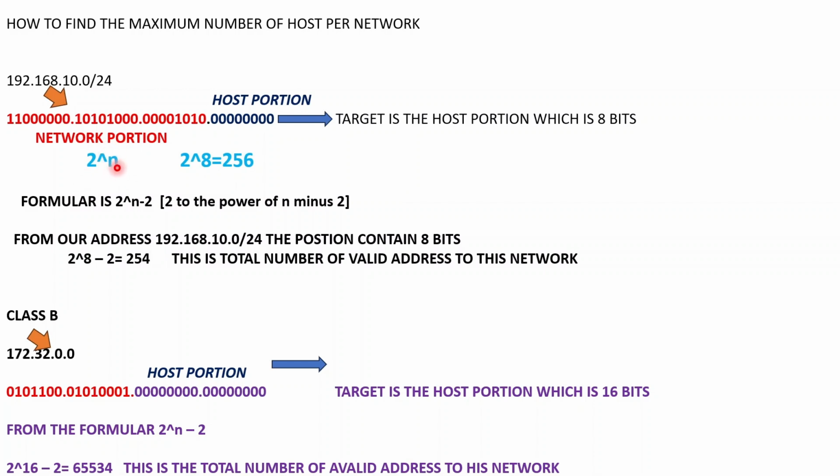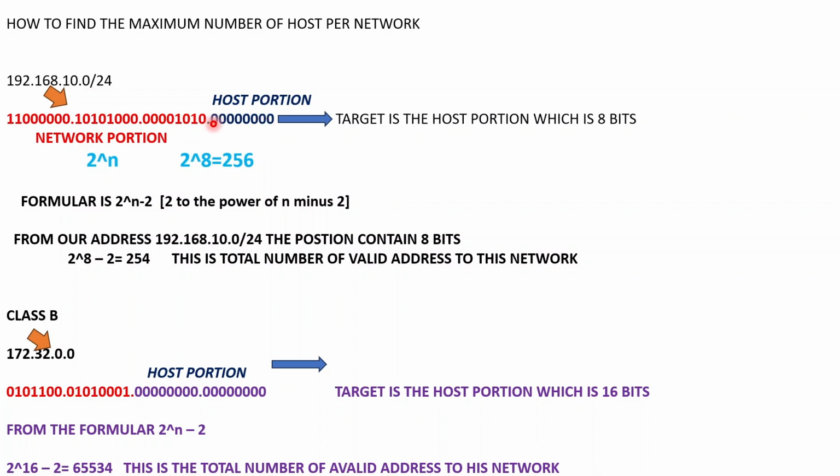N represent the number of bits that are available to your host portion. So for this instance, our network is 192.168.10.0/24. So our host portion inakuwa represented by only 8 bits ambazo ni hizi hapa. Why? Because it is a /24 network, which means the first 24 bits represent the network portion, while the remaining bits represent the host portion.